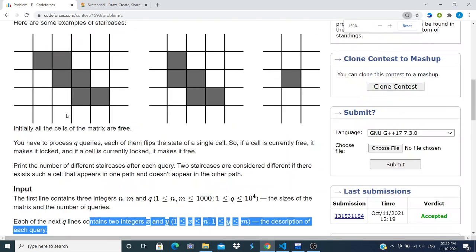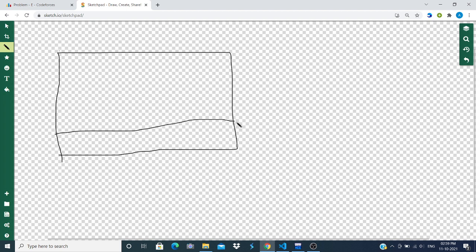Let us first see how we can approach it. First, imagine what if there were no queries. Suppose we have a 3 by 3 matrix and none of the cells are blocked, which is equal to the initial configuration.